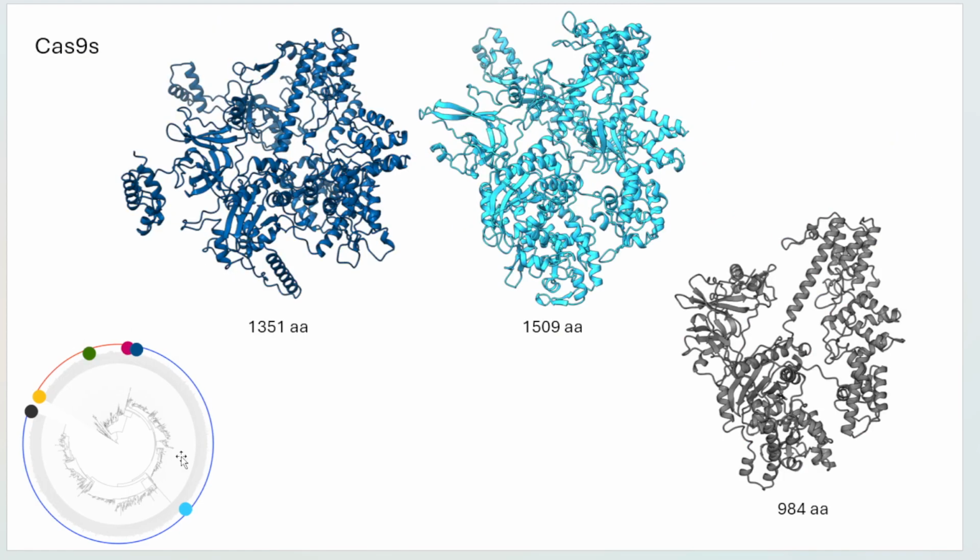Same thing with the Cas9 section. We took from the light blue, beginning, middle, end, and we can see how these are significantly larger than the ISCBs. And they all look quite similar at face value as well.